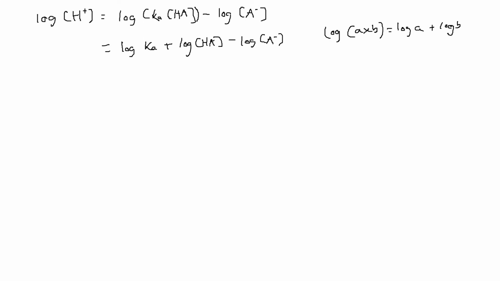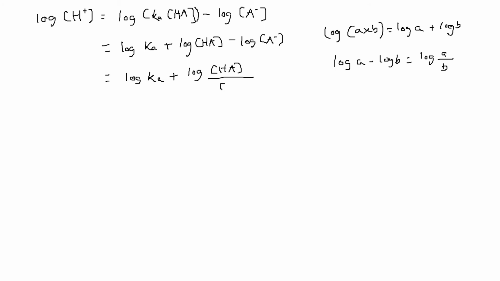So we then use another rule. There are several rules of logs that we can use. So this time we're going to use the rule that log A minus log B equals log A over B. So in fact, this is the rule we've just seen. We're just using it the other way around. So now we're going to change the form of this bit to say log of Ka plus the log of the concentration of HA over A minus, like that.